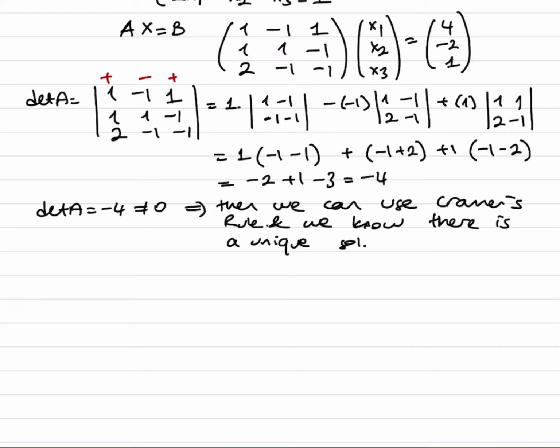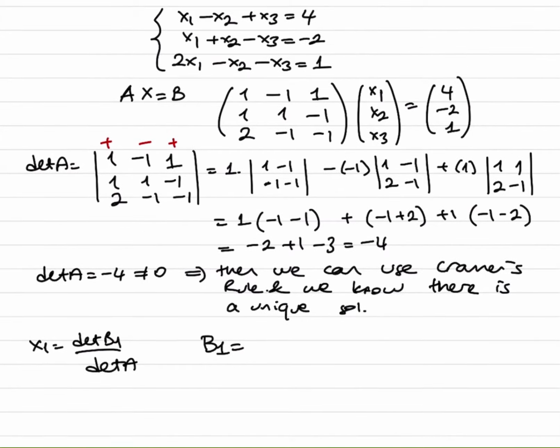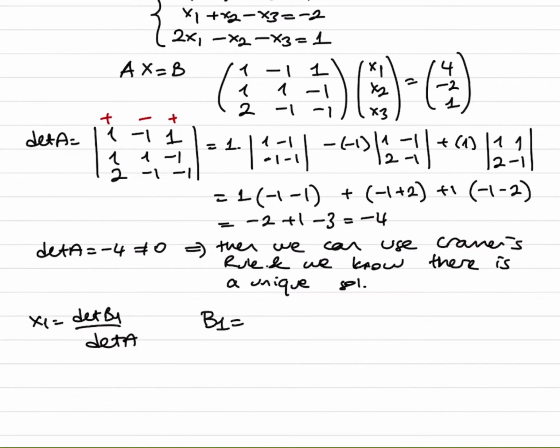Okay, so x1 is the determinant of B1 over the determinant of A, and B1 in this case, we will write A, but we will replace the first column by b.